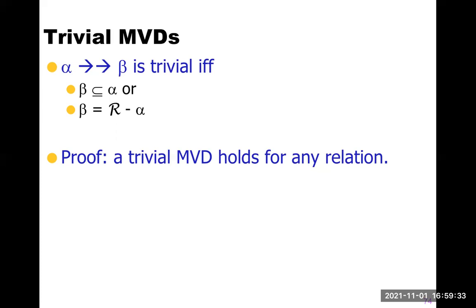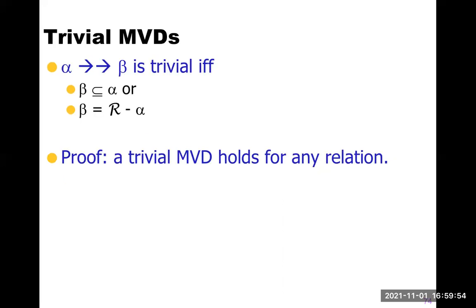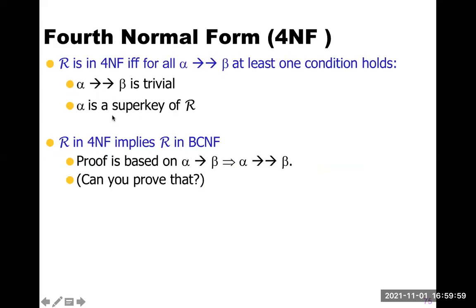If they say that A arrow A, okay, we don't need to think about this as a constraint. So trivial dependencies are those.